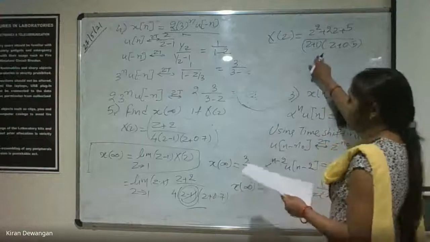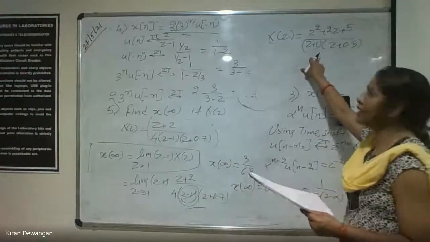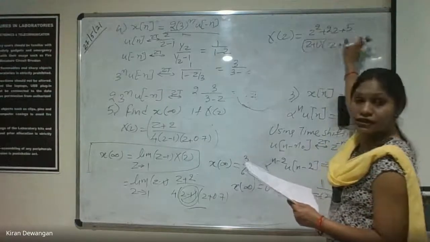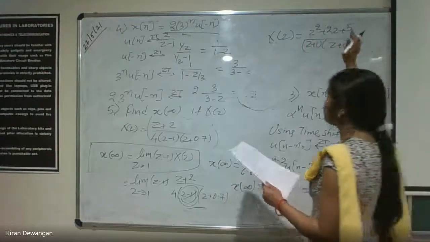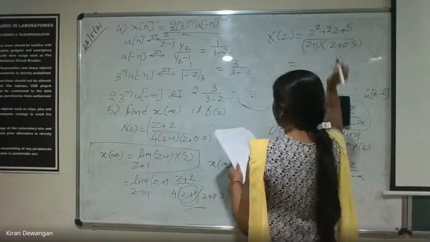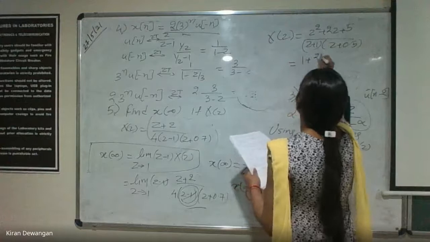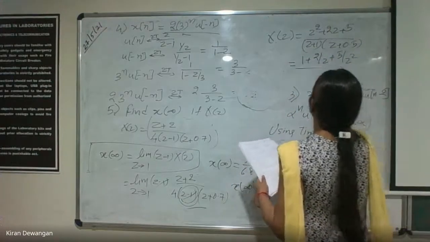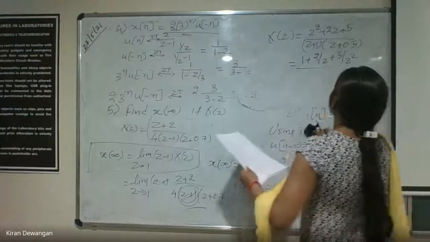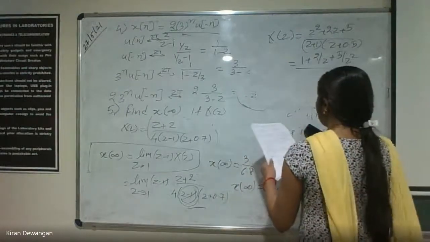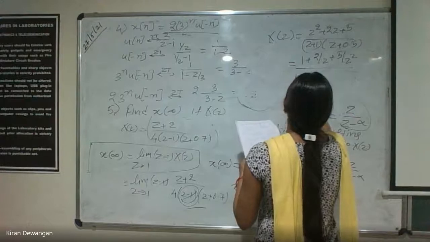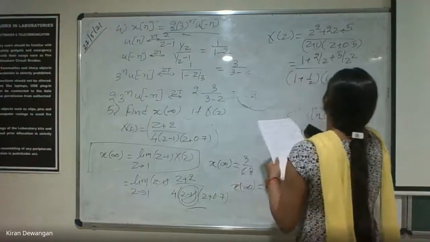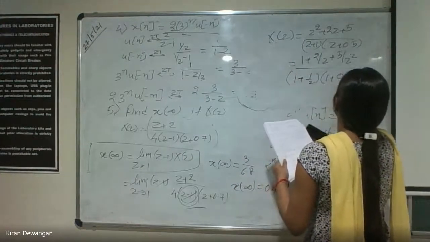Now this one I can divide completely by z square. If I divide the numerator and the denominator by z square, the numerator will be 1 plus 2 by z plus 5 by z square, and in the denominator it will be 1 plus 1 by z, 1 plus 0.5 by z.